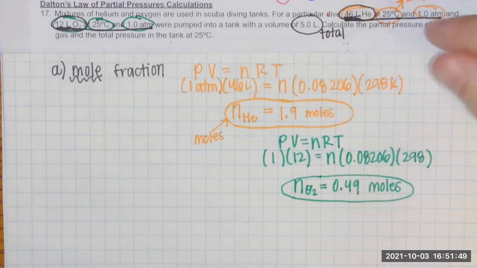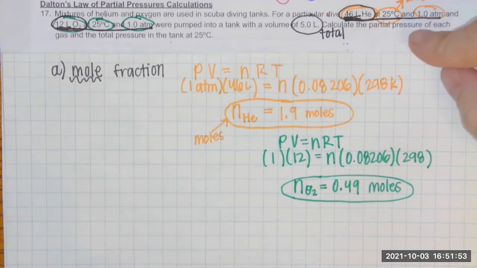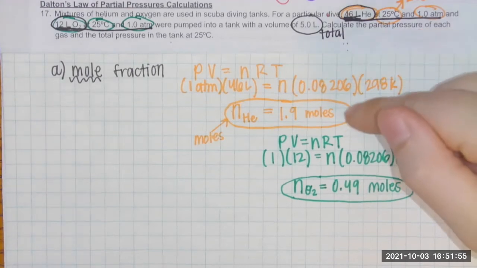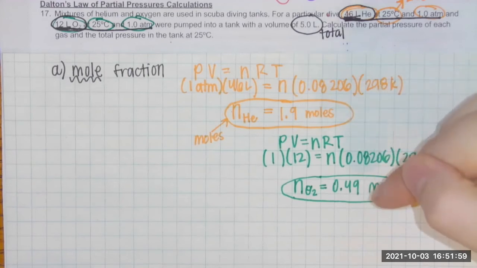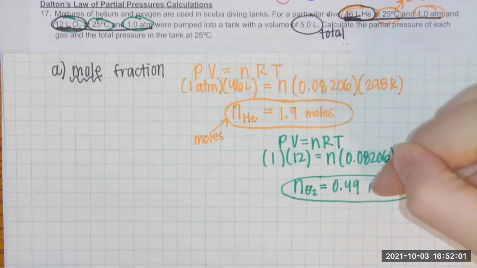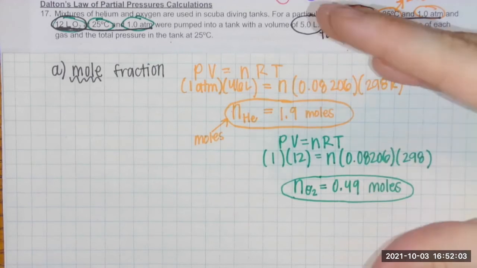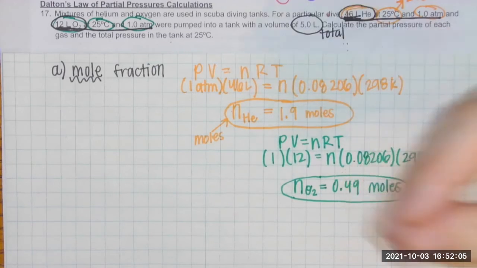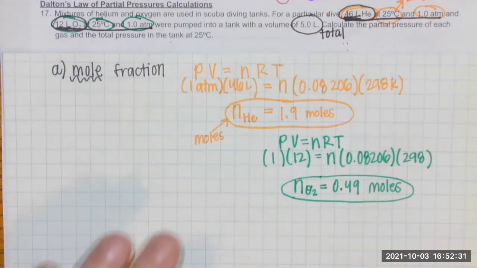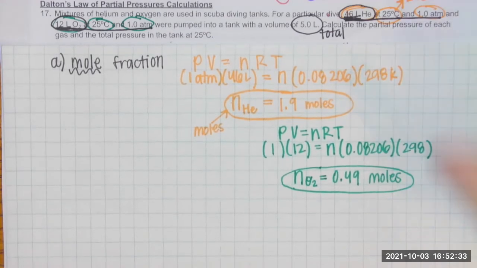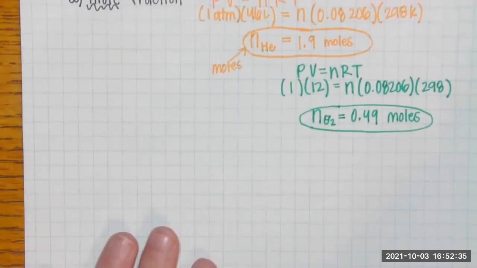Now what it wants me to do is calculate the partial pressure of each gas. Let's see how much this is contributing to the total pressure, and then add them together, and then we'll know the total pressure. So what I'm going to do is scoot down my paper here.